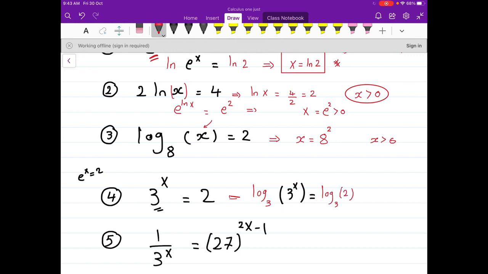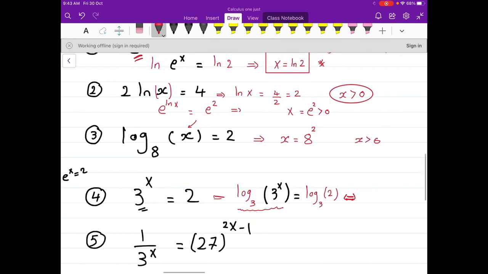Now this is equivalent to x, so x equals log 2 for the base 3.